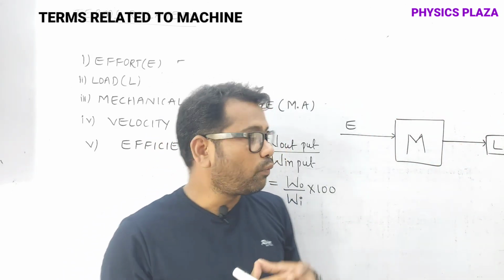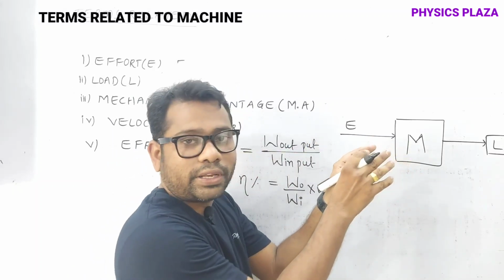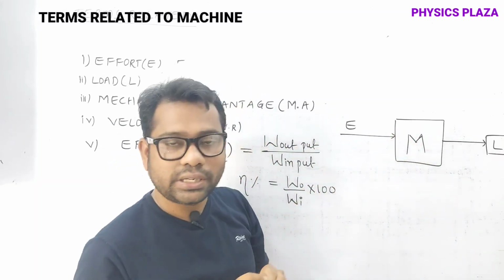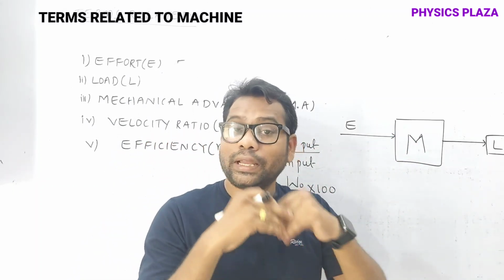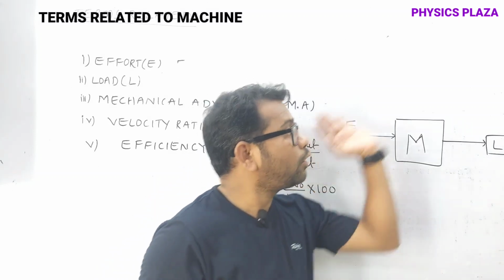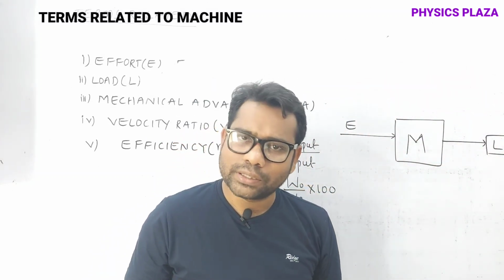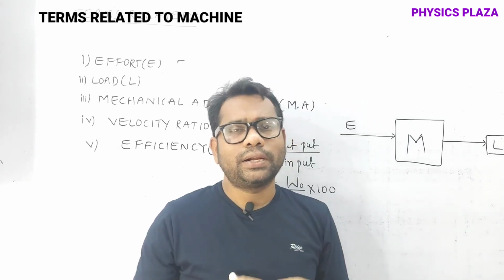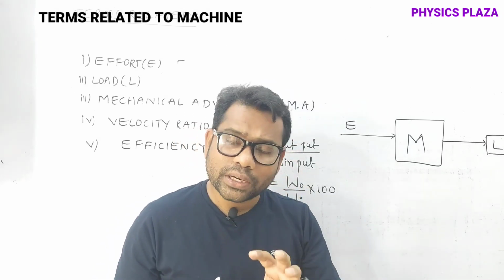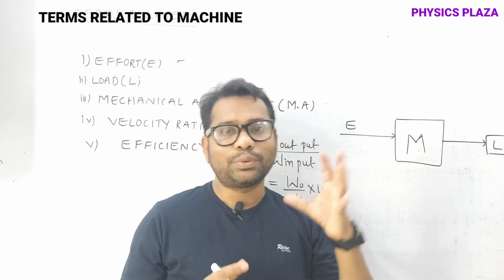For example, if we give 10 joules of input energy, the energy is not wasted and we get the same amount as output. So the principle of machine says that in an ideal case, input energy is always equal to the output energy.